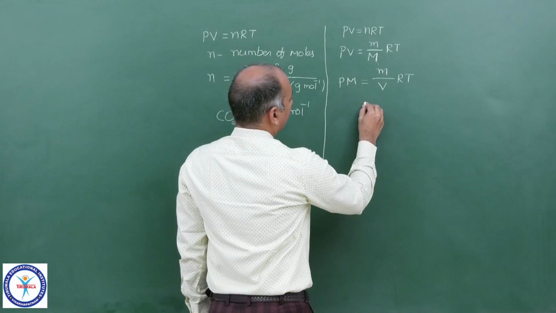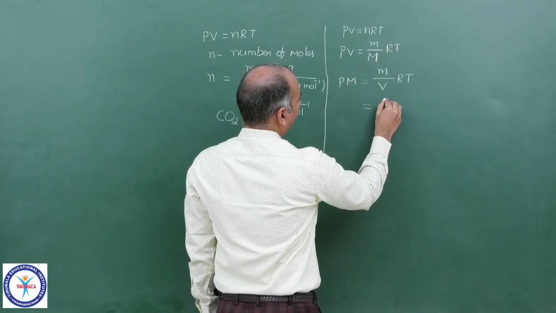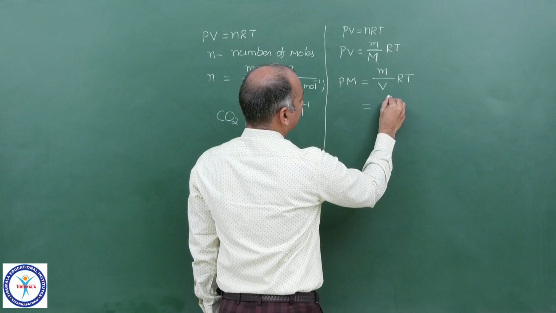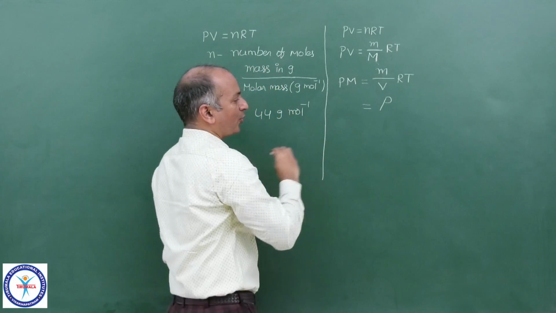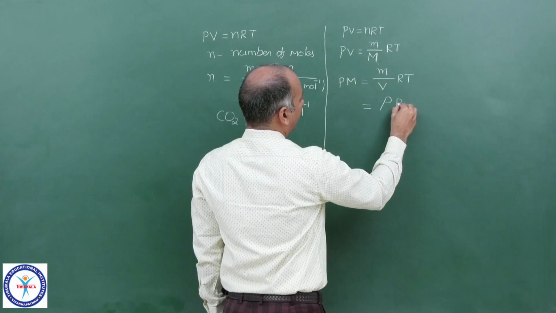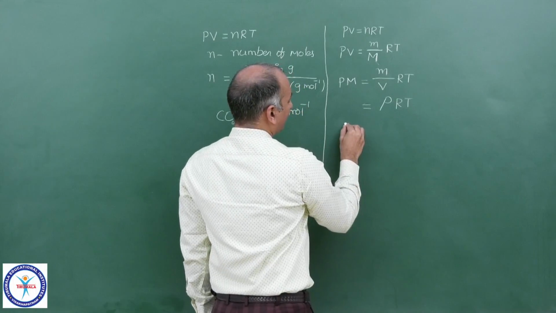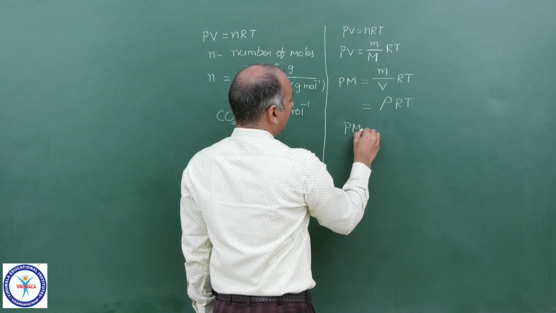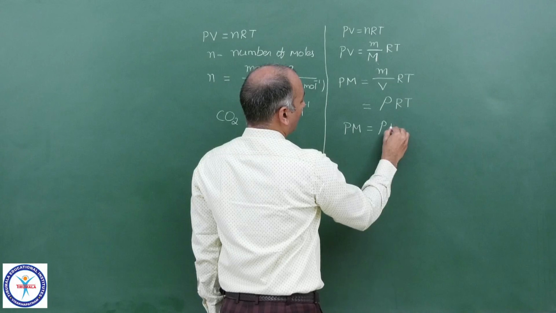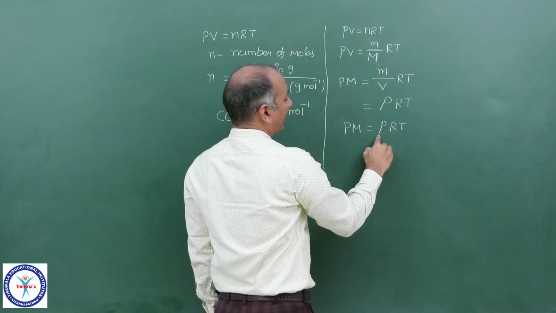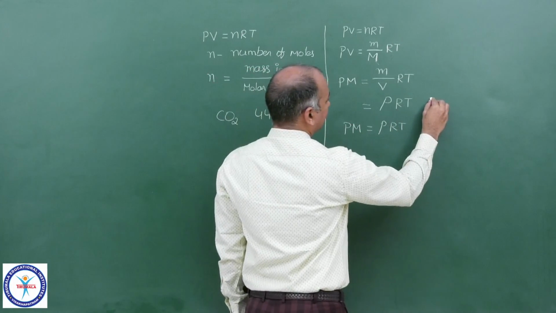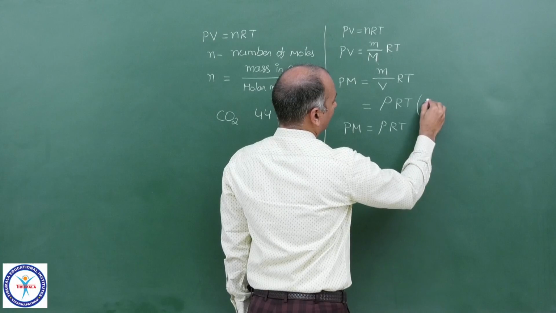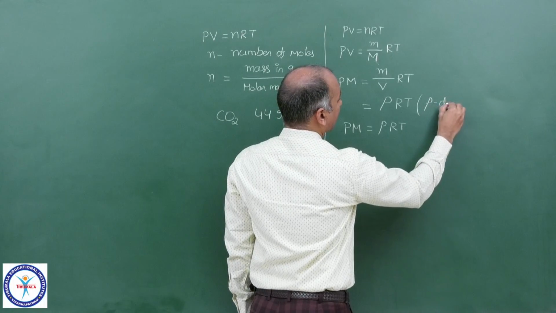So I can replace this m upon V with the symbol for density, that is rho, into RT. So finally we got a relation, that is PM is equal to rho RT, where rho is the density, mass density.